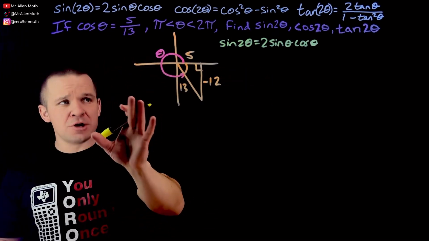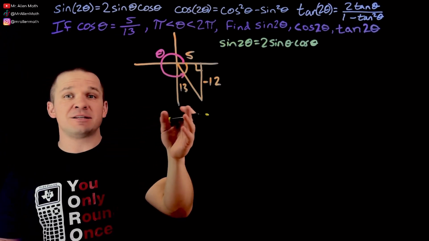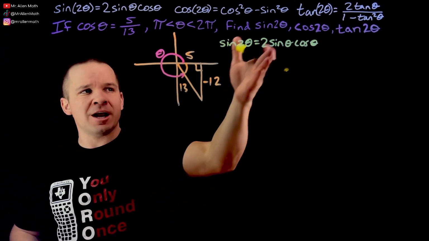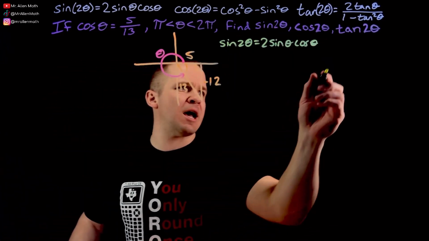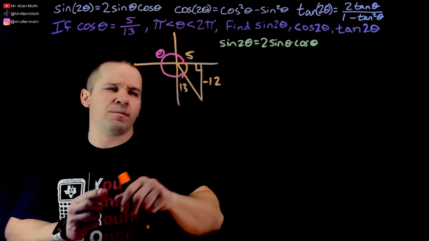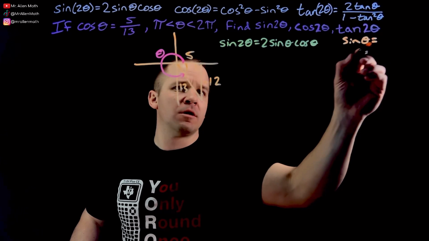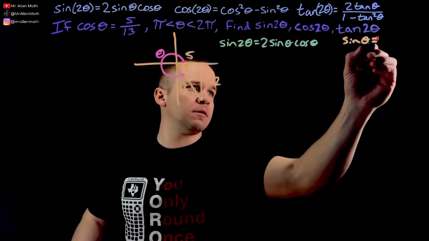Well, perhaps another smart move would be to write down what sine, cosine, and tangent all equal. Then I can just plug things in. So let's also do that. I'll write that down over here. I'll even use a different color marker. Sine of theta. That's going to be negative 12 over 13.